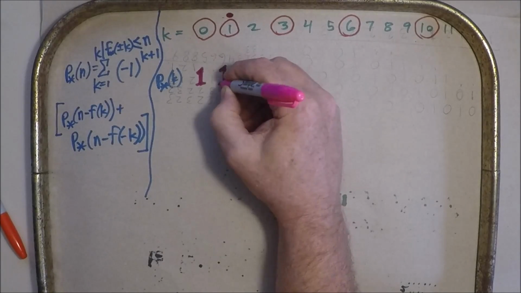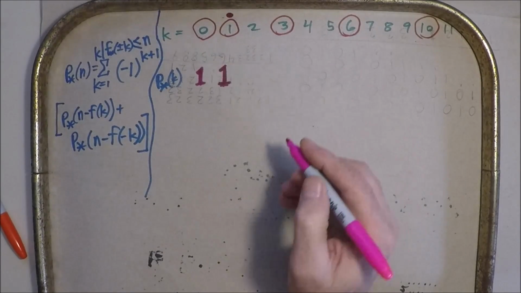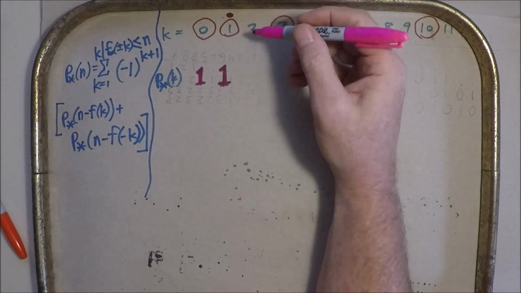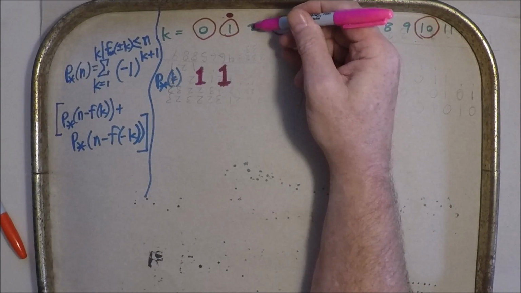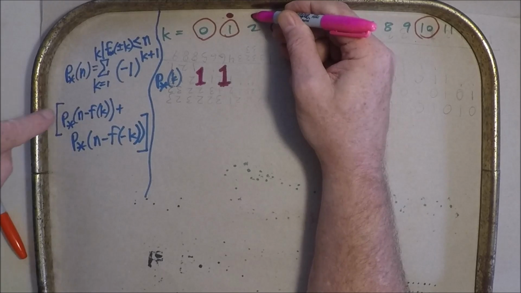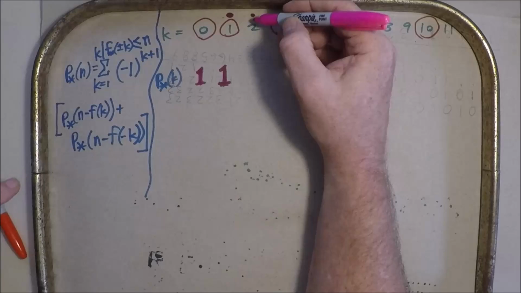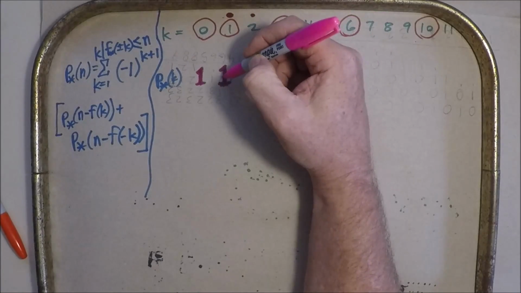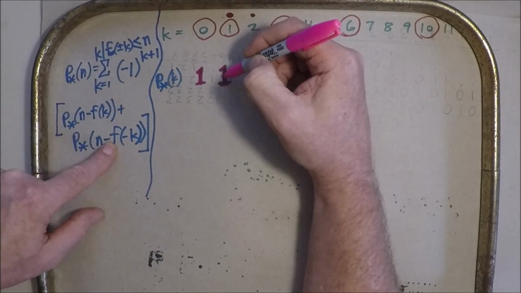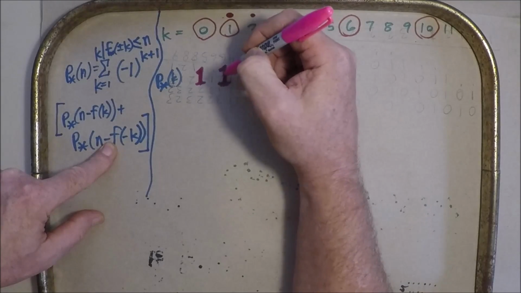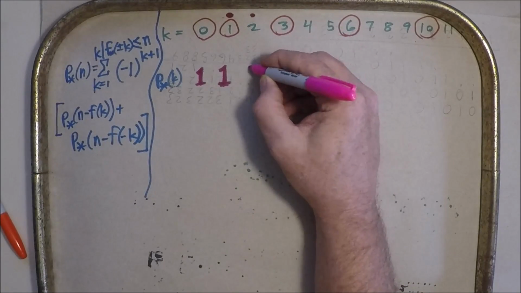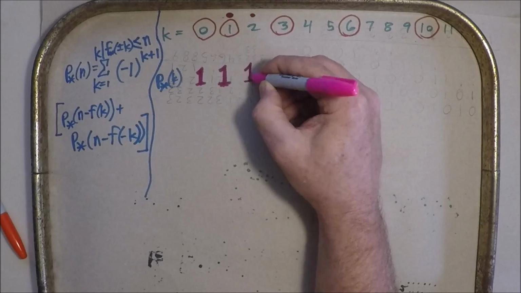So nothing's happening here yet. And so if we want P star of 2, then we let n equal 2 in this, and we're going to get 1 plus the next one, which is 3, which is out of range. So it's just 1 again for P star of 2.